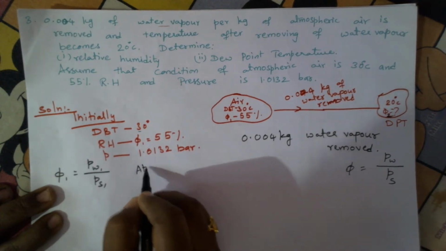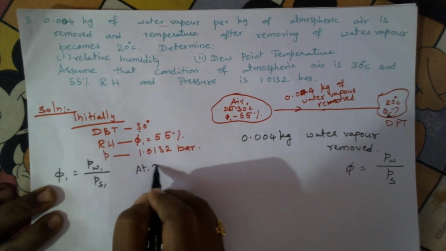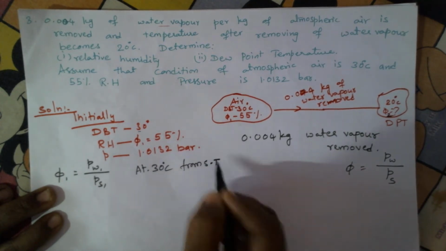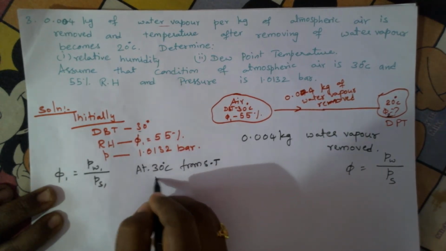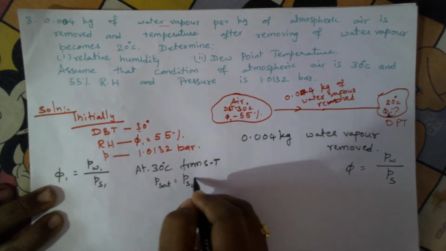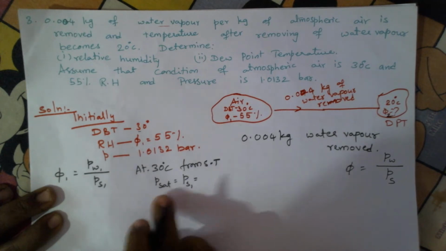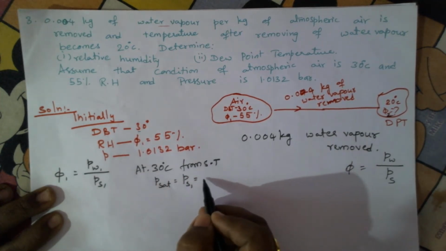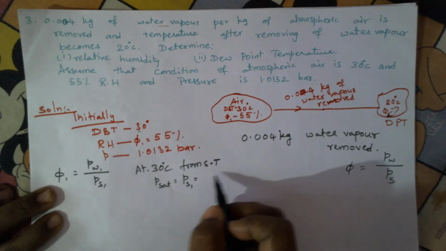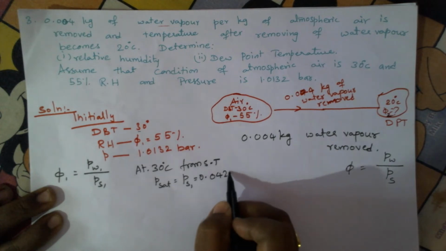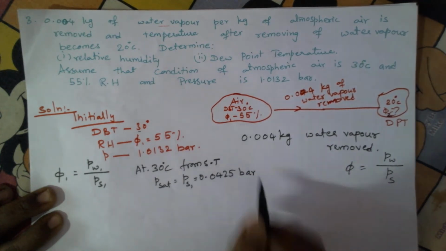P sat, or Ps1 in this problem, is equal to Ps1. It can be taken from steam tables, and that value is equal to 0.0425 bar. Please refer to the steam tables.